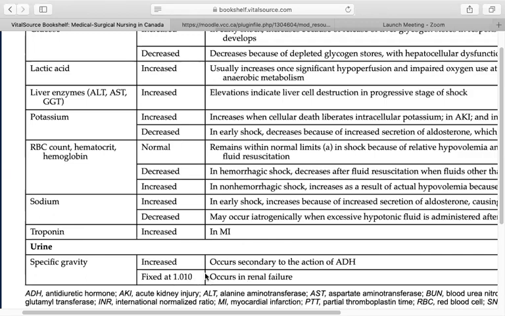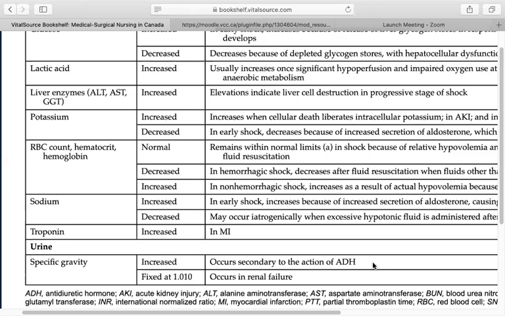So specific gravity, don't worry about this fixed at 1.010. Don't worry, we don't need to apply that. But the increased one for sure makes sense. So we're talking about urine here. Someone's voided. You've taken a dipstick of it, and one of the measurements you can get is specific gravity on it to see how concentrated it is. So if they're in a dehydrated or hypovolemic state, the body's going to be trying to hold on to water.